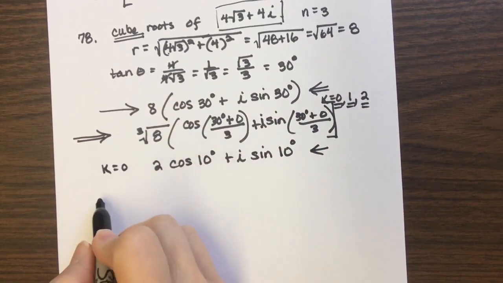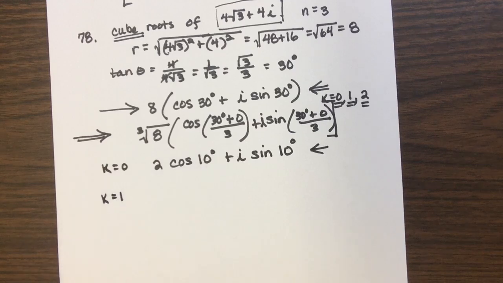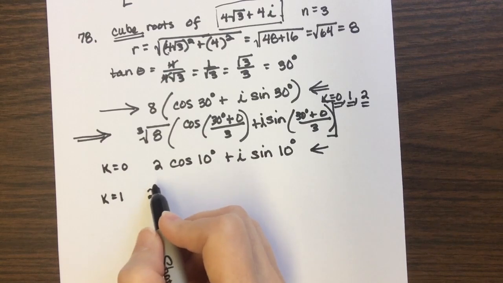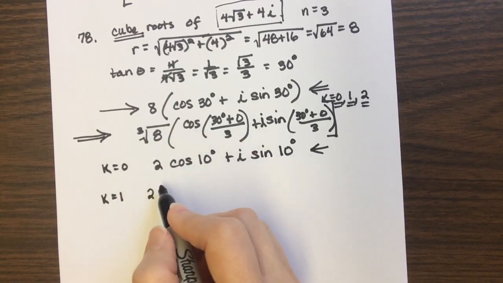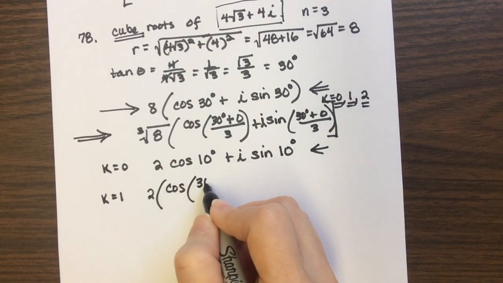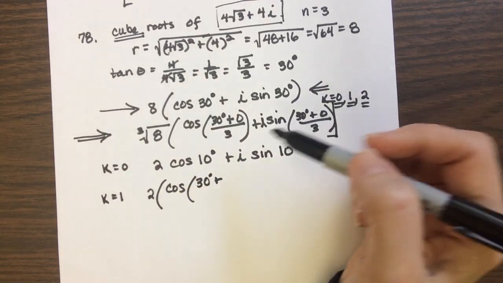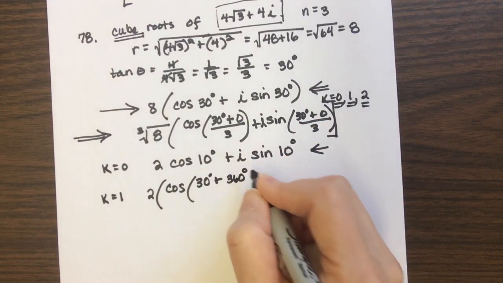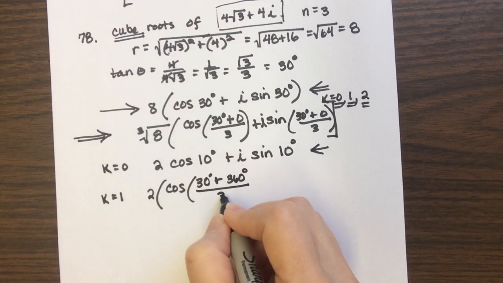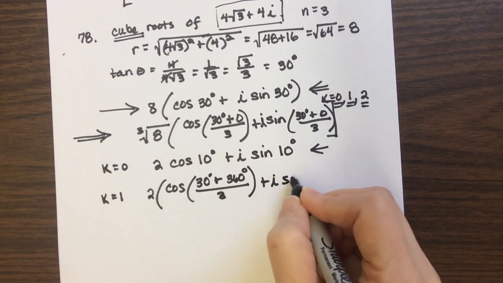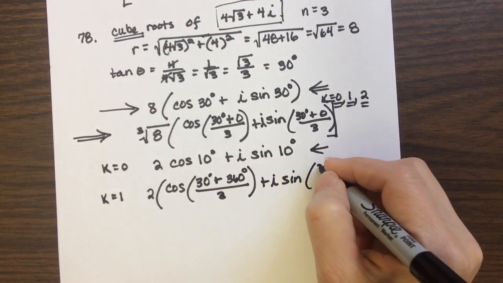I'm going to keep going. I want to know what it's going to be when k is 1. When k is 1, I've still got r raised to the 1/3 power, or the cube root of r, so that's going to stay. And I'm doing the cosine of theta plus 360 times 1. So 360 degrees times 1 is 360 divided by n, plus I times the sine of all that.